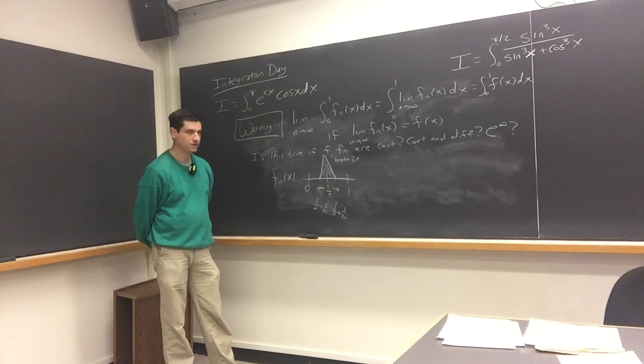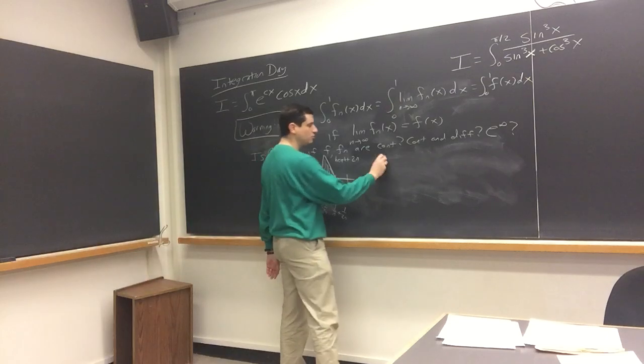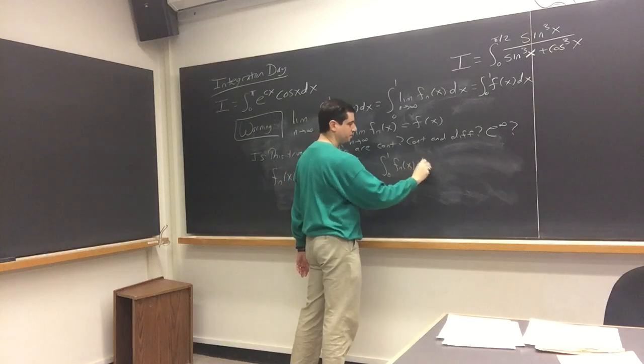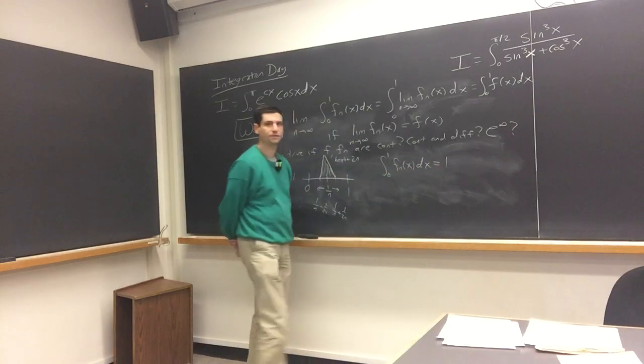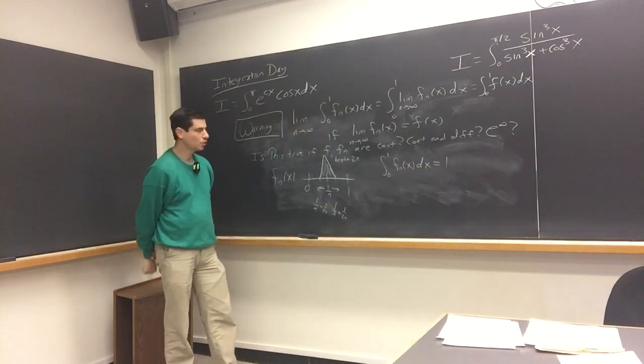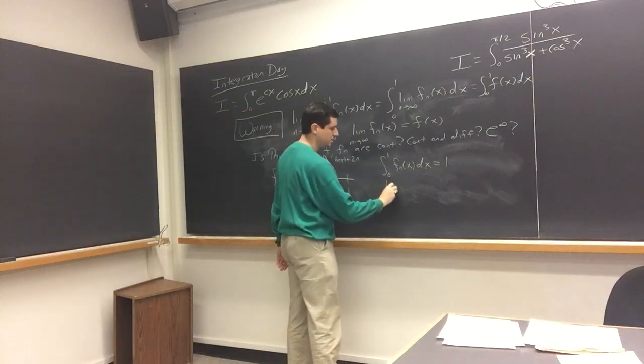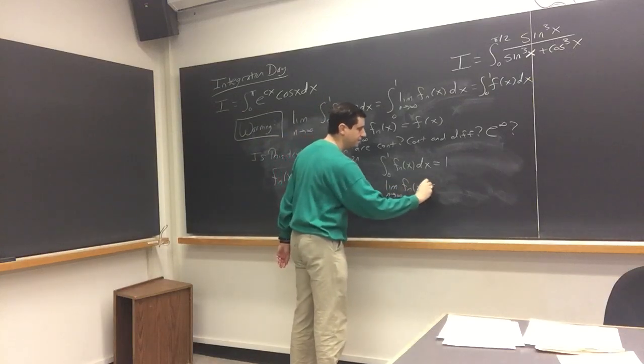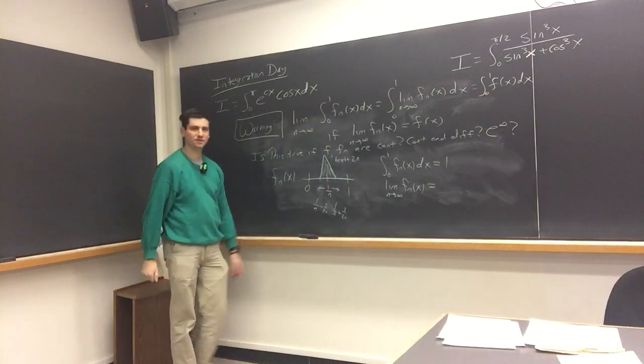So it'll be an isosceles triangle. Which is, so the area is 1. So the integral from 0 to 1 of fn of x dx is always 1. What is the limit as n goes to infinity of fn of x? For any fixed x, what is the limit?